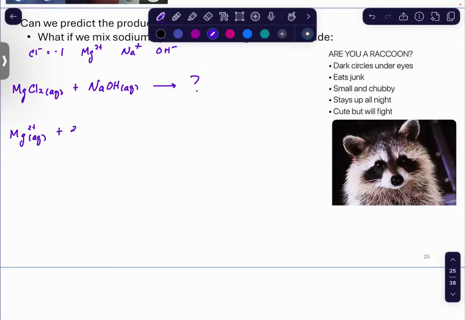We have our chloride ions. We're going to have our sodium ions, because again, if these are aqueous, they dissociate in water, which means they're going to be existing as basically a solution of ions. And we're going to have hydroxides.